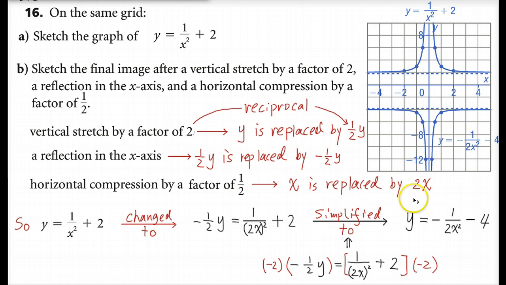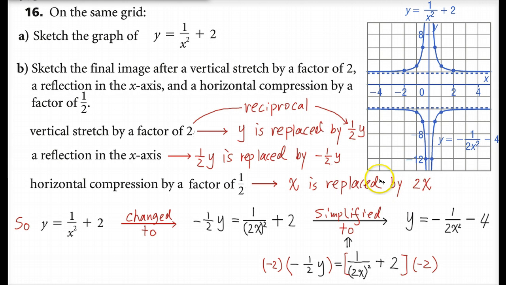That's just a little bit complicated. Now if you understand that y and x will both be replaced by a different term, we just simply make the change. y is replaced by negative 1 over 2y, and x is replaced by 2x.